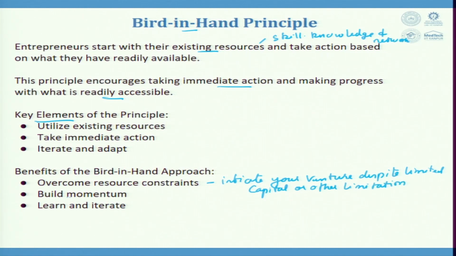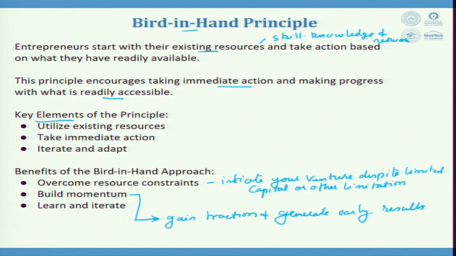This is one. Build momentum. It talks about gaining traction and generating early results.